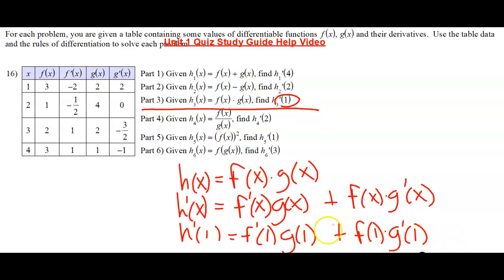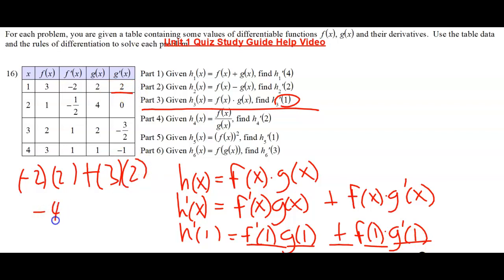And then we go ahead and evaluate from there. f prime of 1 is going to be negative 2 times g of 1. g of 1 is 2, plus f of 1, which is 3, and g prime of 1, and we end up with negative 4 plus 6, which is 2. And that's the answer to part 3.